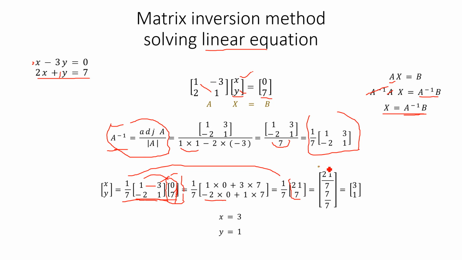So we will have 21 divided by 7, and then 7 divided by 7. 21 divided by 7 is equal to 3, and 7 divided by 7 is equal to 1. So the corresponding value for x is 3, and the corresponding value for y is 1. So we have x is equal to 3 and y is equal to 1.